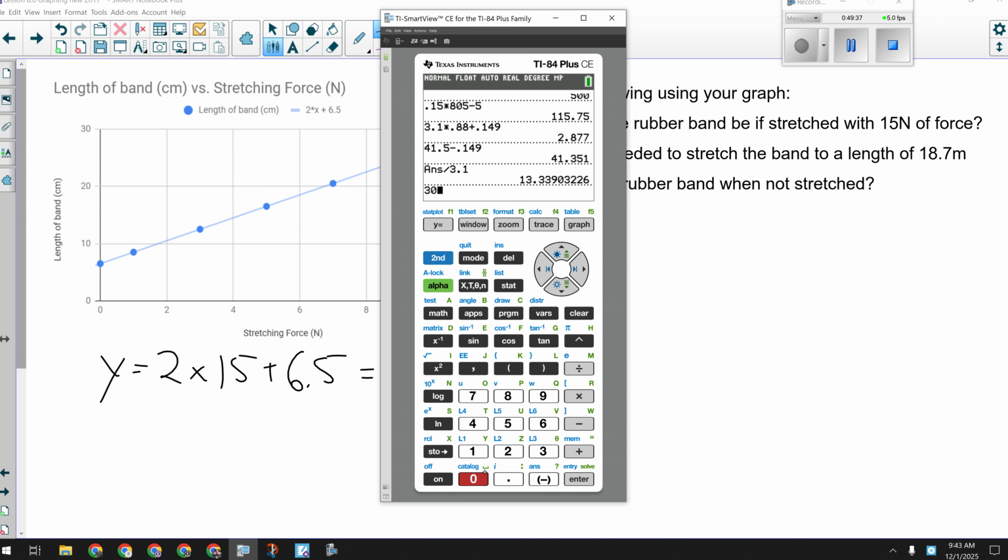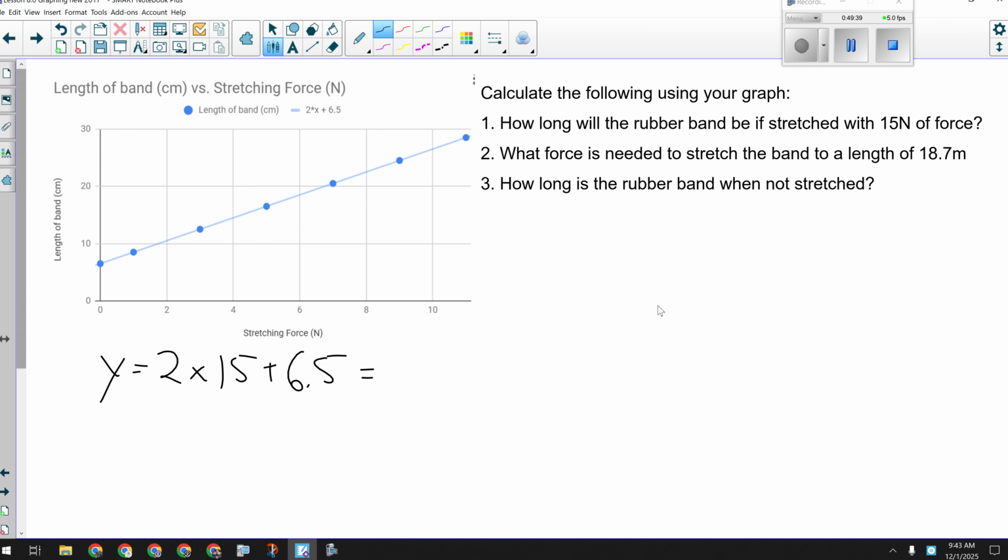So 36.5, I'm not even going to punch that in, 36.5 meters, because this will be in centimeters per Newton, and this will be in newtons, so the newtons cancel, and then I've got centimeters as my units.